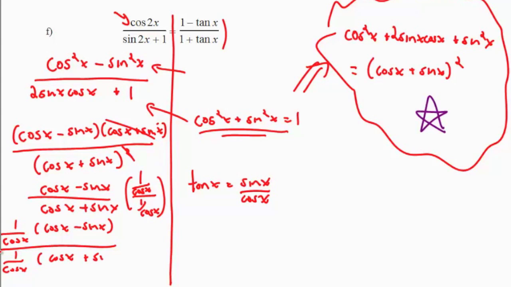I'm going to get 1 over the cosine of x times cos x subtract sine x divided by 1 over the cosine of x times cos x plus sine x. Okay, now these are going to expand through, and look what happens. The first term cancels, subtract sine over cos, which is just tangent of x, divided by, first term cancels, plus sine x over cos x, which again is just tan x.